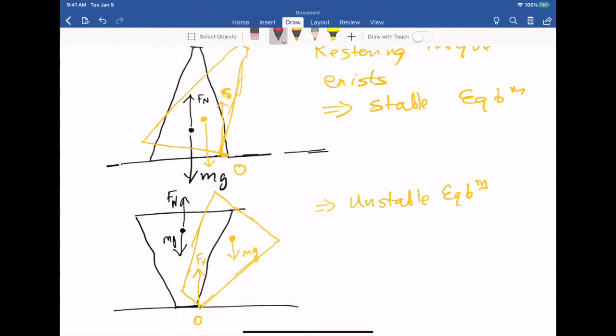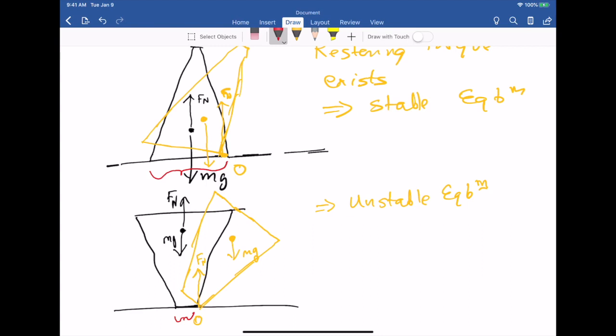The original base of support means the base that it's standing on, that's basically this, and it's this one over here. So the criterion to see whether equilibrium is stable or unstable is just to look at its center of mass and the base of support, right?